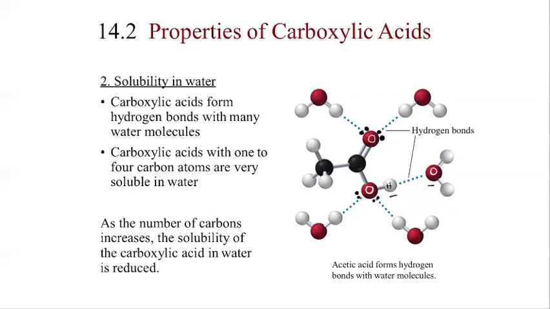Now, the minute that you have 5 carbon atoms or more, the solubility starts decreasing, to the point that the more carbon atoms that you have in your molecule, the more your carboxylic acid is going to be insoluble in water, okay? So the rule of thumb for carboxylic acids is anywhere between 1 to 4, very soluble. Then at 5 carbon atoms, solubility starts decreasing, okay?